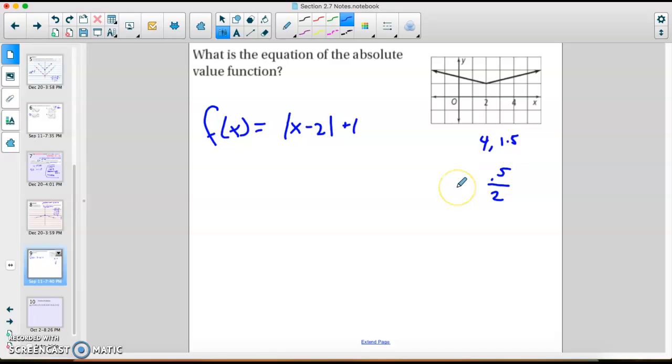Okay, so 0.5 divided by 2 would be 0.25, and so it's a little bit compressed, a little bit squished, and we knew that from the start. It just didn't look like a normal one. It went up a half and over 2, which is a slope of 1/4.